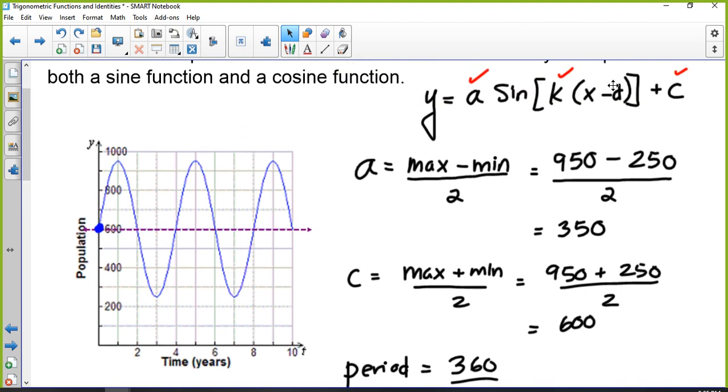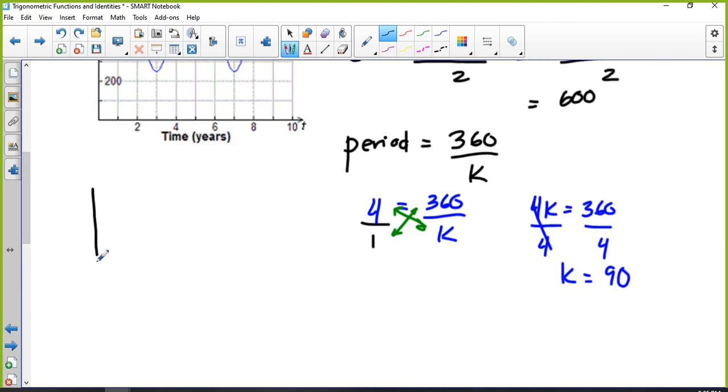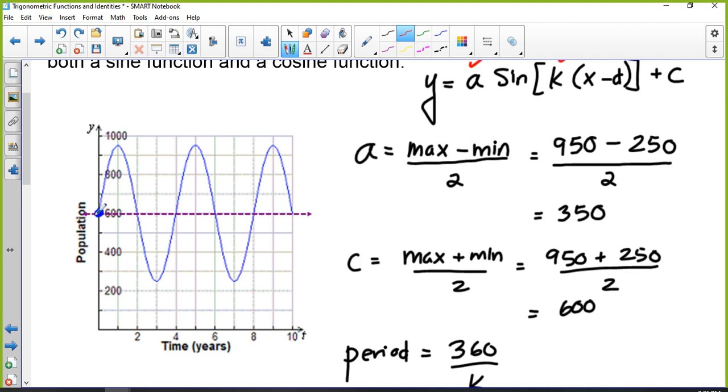To come up with the d parameter really depends on what type of function we're using. A sine function starts at its mean value, increases to its maximum, decreases to its mean value, down to its minimum, and back to its mean value again. This graph also starts at its mean value and increases to its maximum. So it already follows the pattern of a sine function, and we don't need a phase shift.